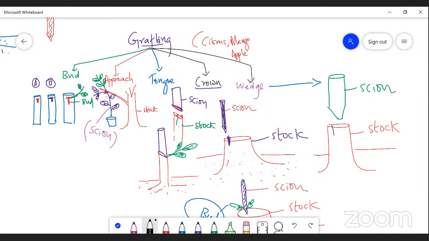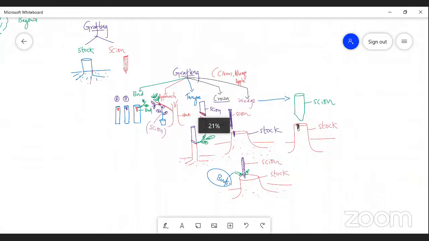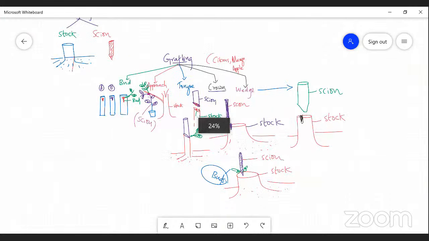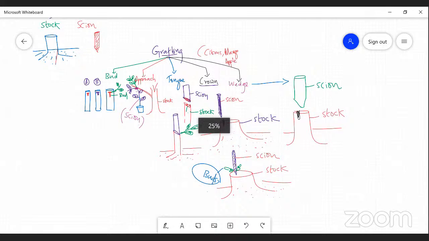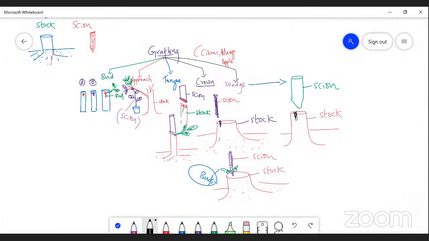So as a result, both the scion and stalk are joined together. What is it? It's soil. And the stalk region where the scion is inserted.